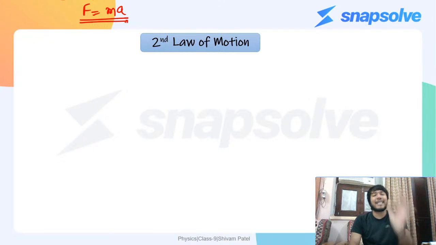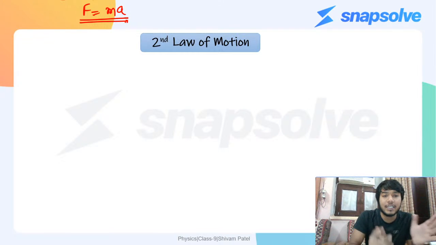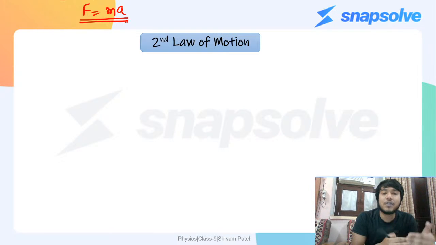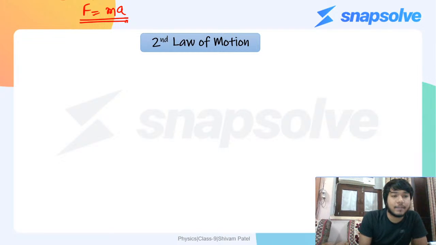So what exactly second law of motion states? Now, according to second law of motion, the net force acting on an object is equal to the rate of change of momentum. Is it clear to all? Let me write the statement first.